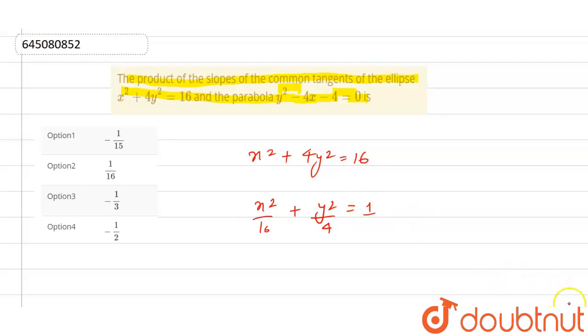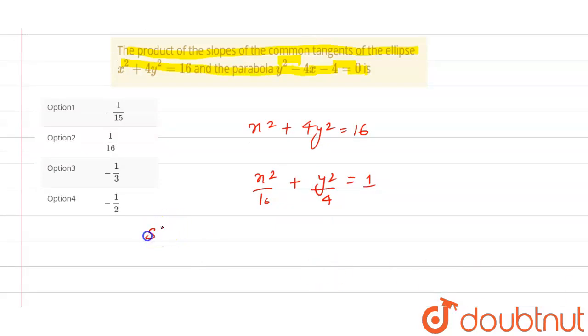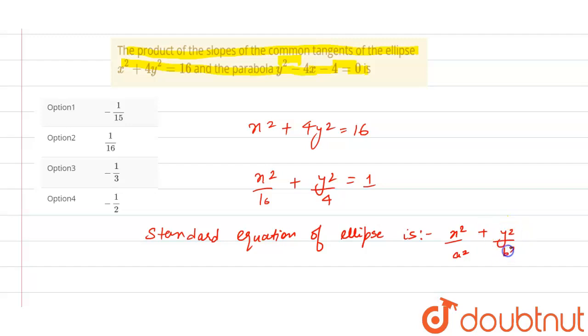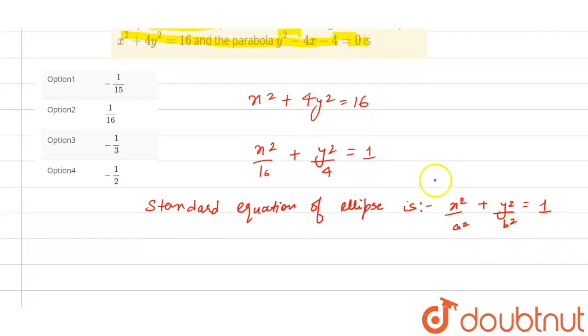And we know the standard equation of the ellipse is x square by a square plus y square by b square equals 1. By comparing this equation with the standard equation of the ellipse, we get a square equals 16 and b square equals 4.